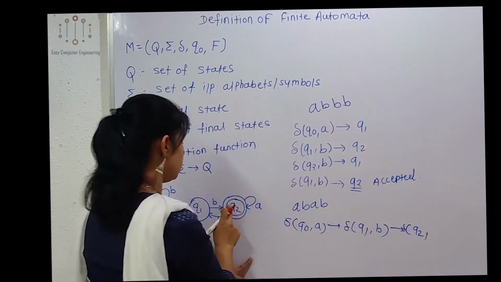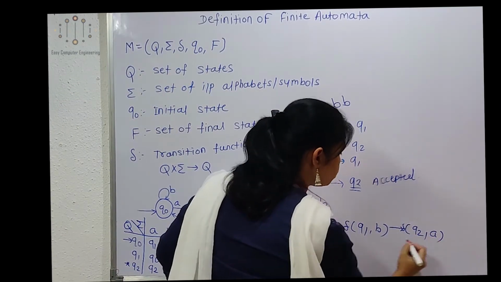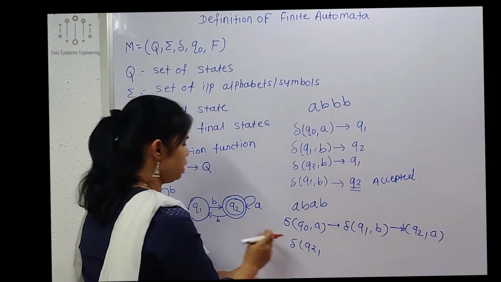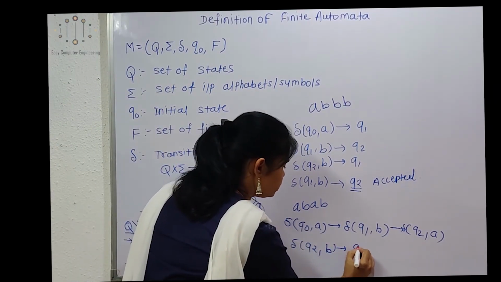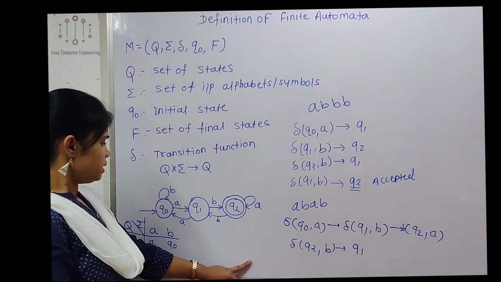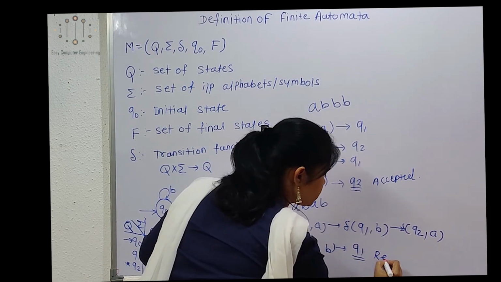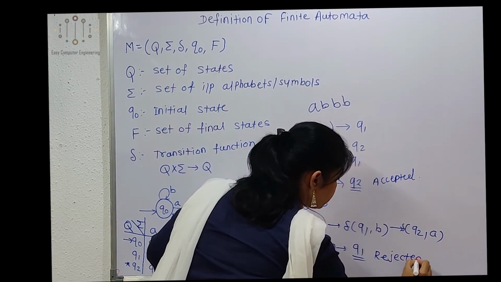Q2 on A, itself, Q2. Q2 on B, we reach Q1. That means this Q1 is not a final state, so this string is rejected by this finite automata.